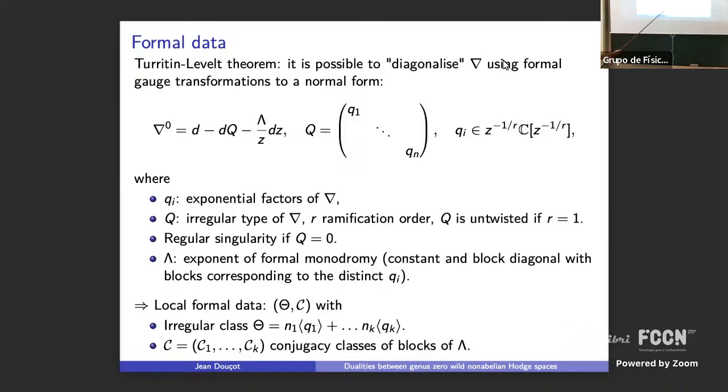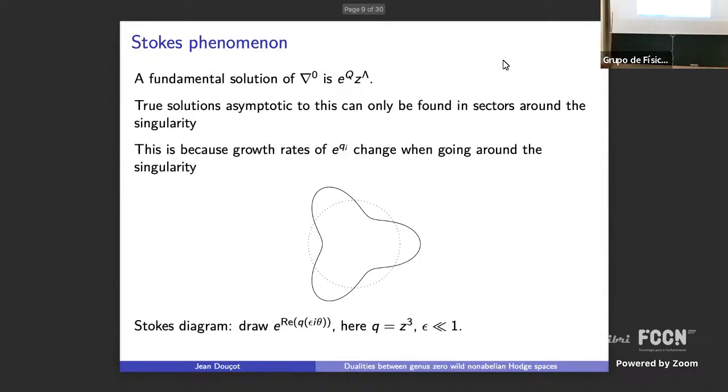If Q1 appears twice here, it has multiplicity two, etc. And up to isomorphism, what is important is not basically lambda, but the conjugacy classes of the different blocks of lambda. So this data of theta and c, what I call local formal data, is exactly the isomorphism class of such a formal normal form. That's the data I use to characterize the formal data of my connection at my singular point.